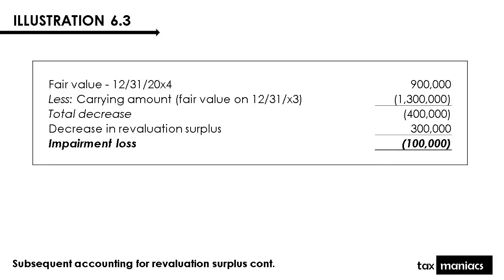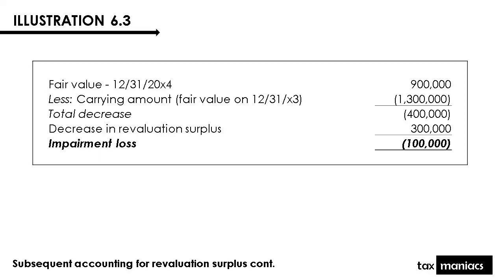The revaluation decrease on December 31, 2004 is partly a decrease in revaluation surplus and partly an impairment loss. The decrease in revaluation surplus is recognized in other comprehensive income, while the impairment loss is recognized in profit or loss.